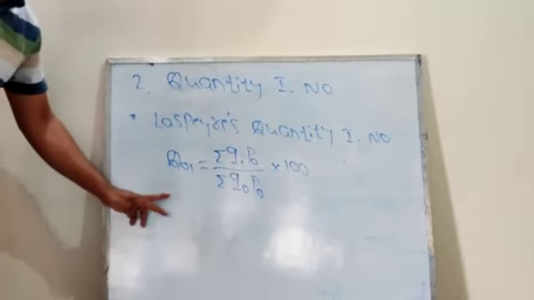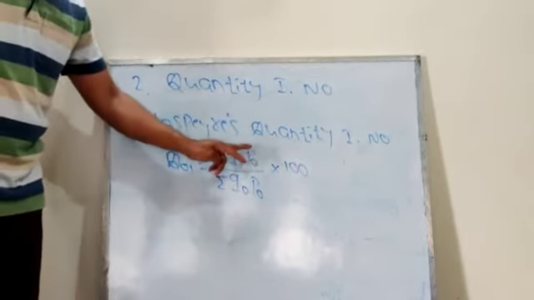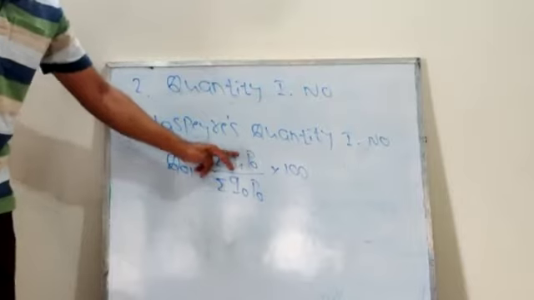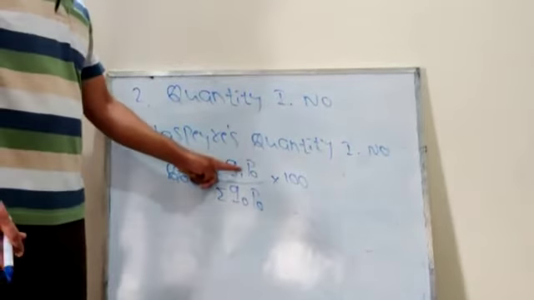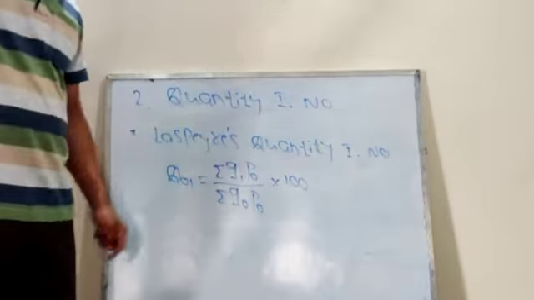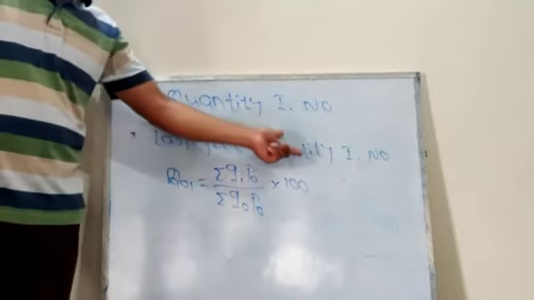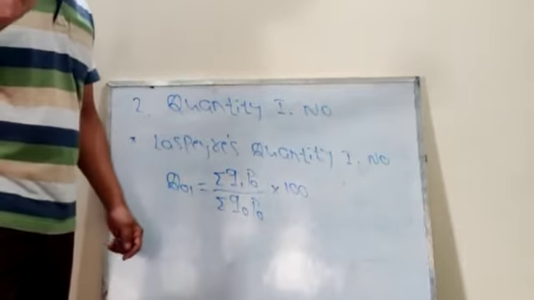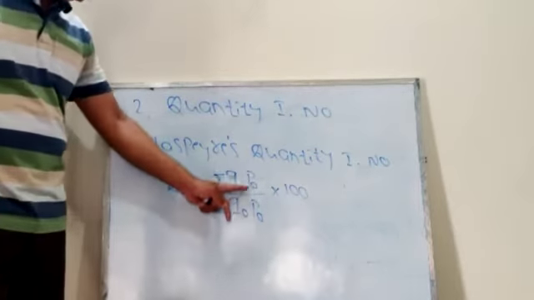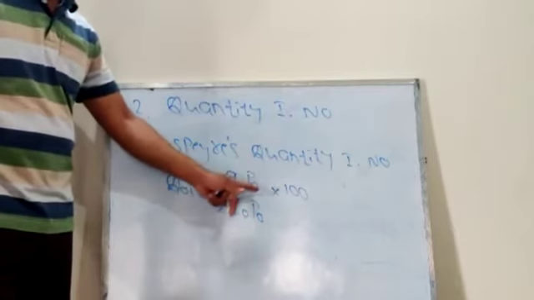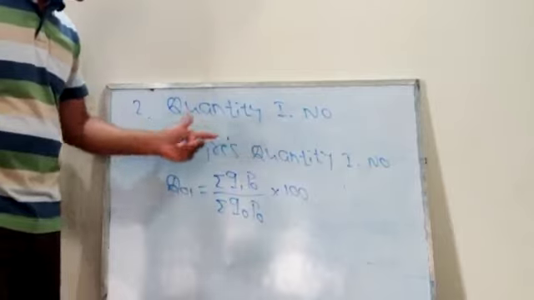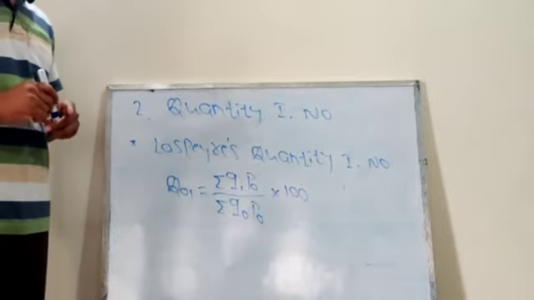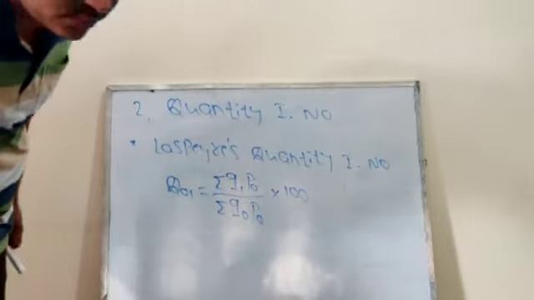This is the formula for Laspeyres quantity index number. Here the weights are assigned as base year prices. But in case of Laspeyres price index number, the weights are assigned as base year quantities. This is about the Laspeyres quantity index number.